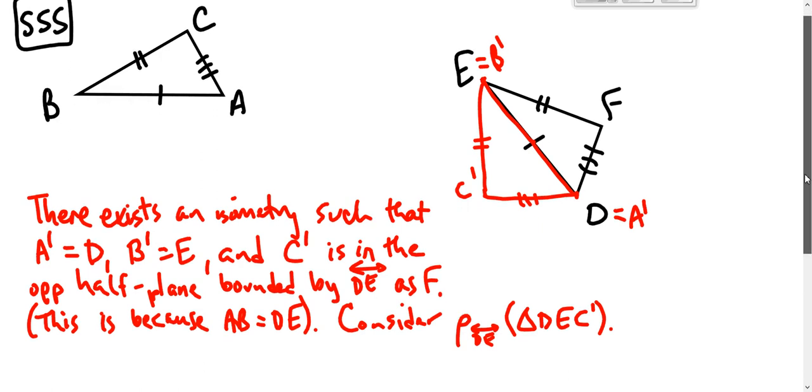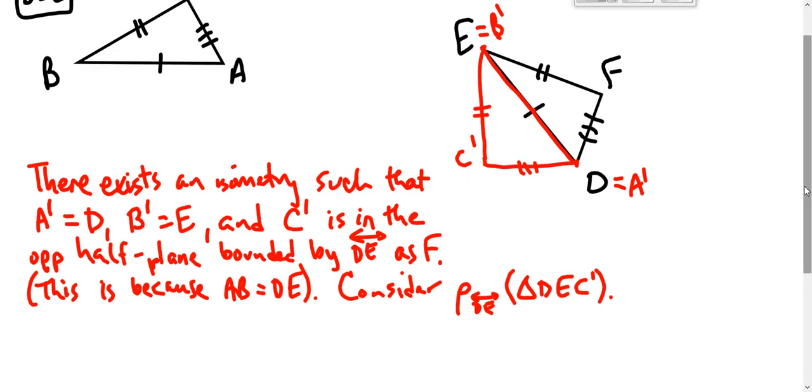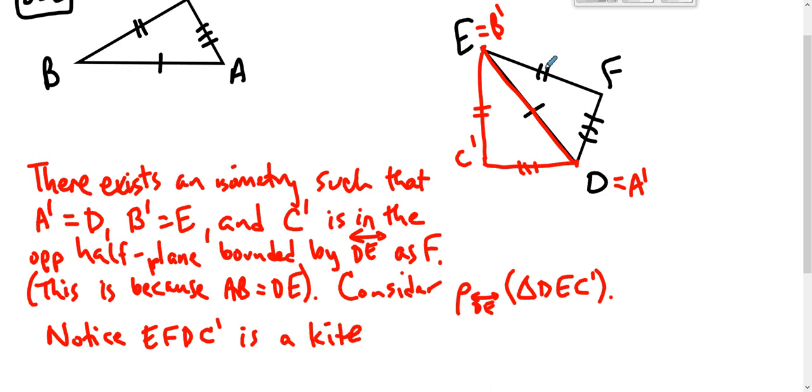And so notice that EFDC prime is a kite. Two consecutive congruent sides, two consecutive congruent sides. EFDC prime is a kite.